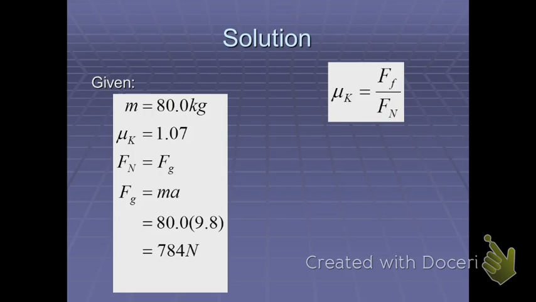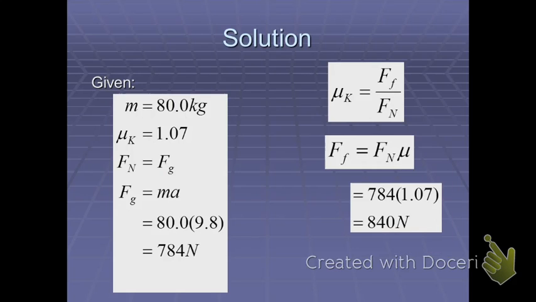Now, we're going to take our coefficient of friction, and again, we're looking at the ratio of frictional force and normal force. We know, in this case, the coefficient of friction already, which is 1.07. And we already know that our normal force is 784 newtons. We rearrange that to find our frictional force, and it's going to come to 840 newtons.